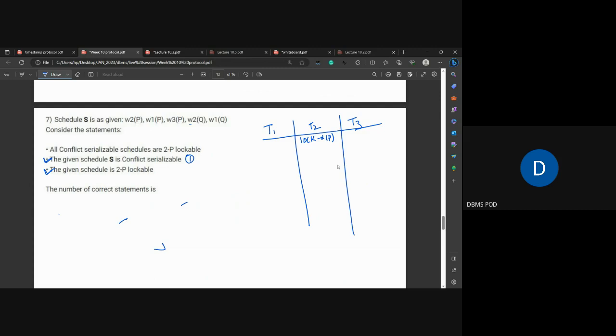Sir, can you explain that graph again? Why are you not making the edge from T3 to T1? After this, you can do that. Okay, let's do it.